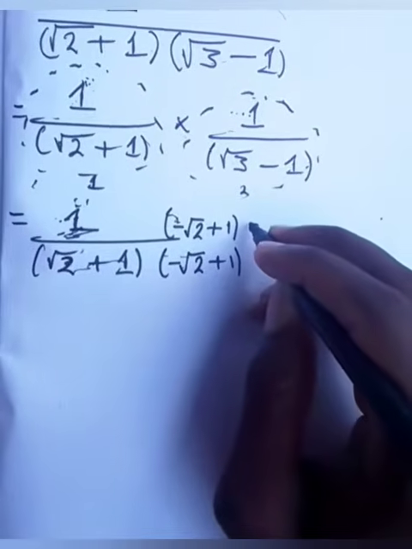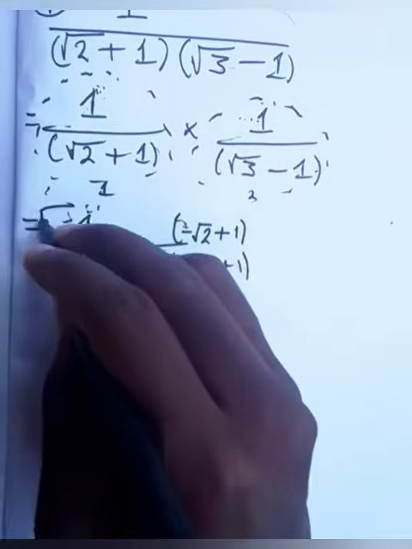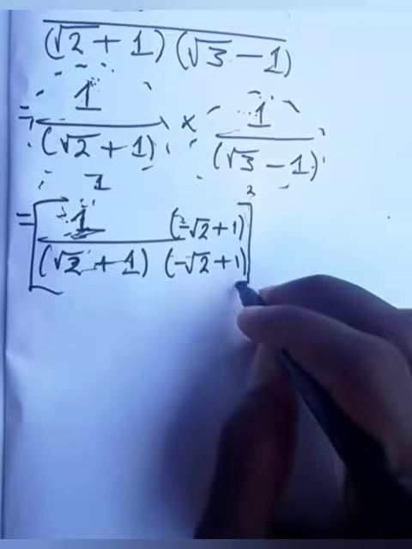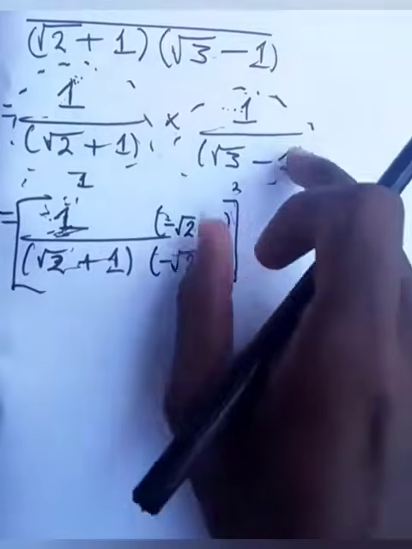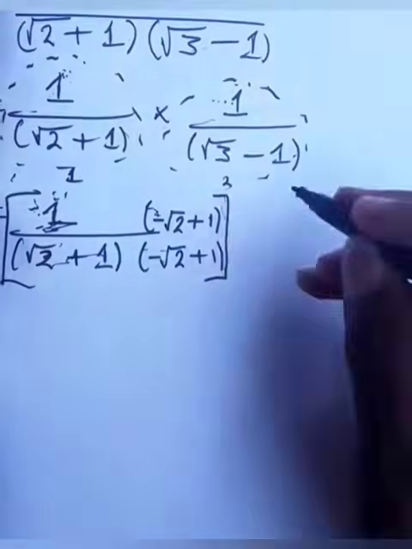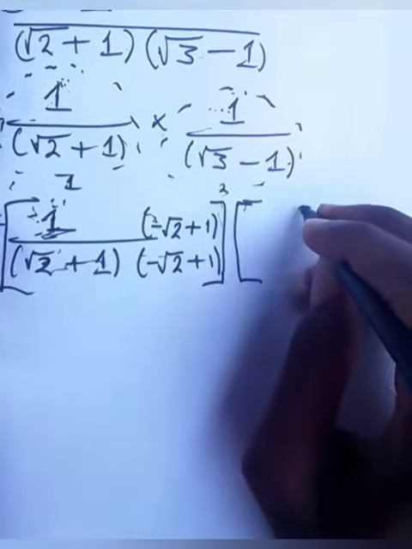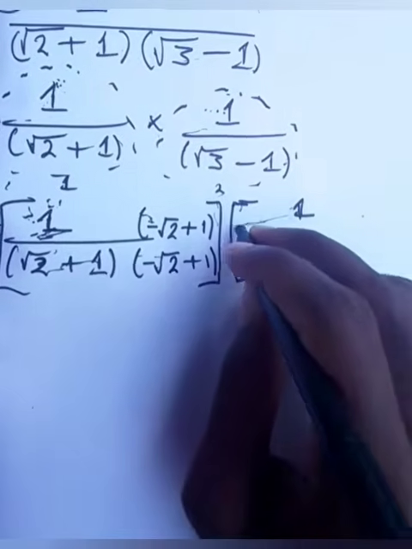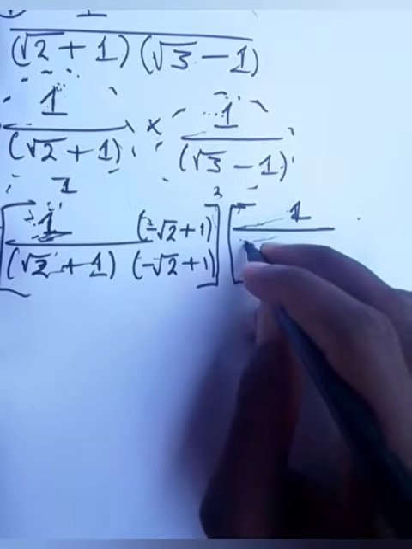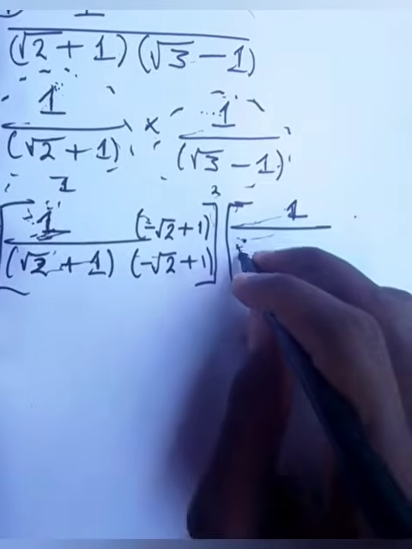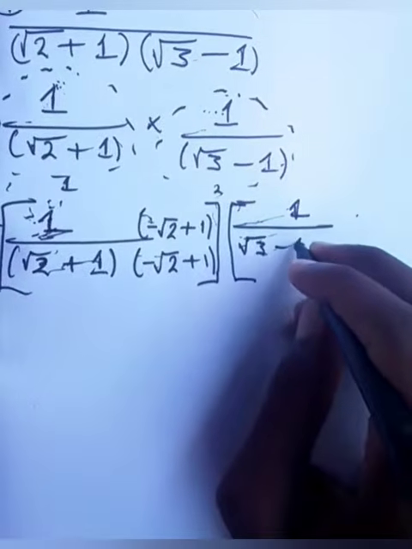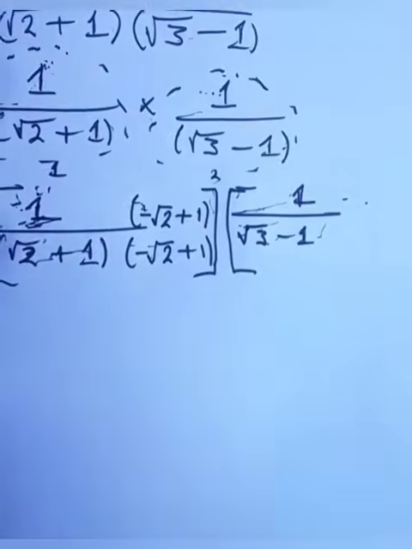Okay, so let me put this in this bracket. Okay, so we come now to part B. Part B as well, we do the same thing. So we say 1 over, what do we have here? We have square root of 3 minus 1. Then we multiply.